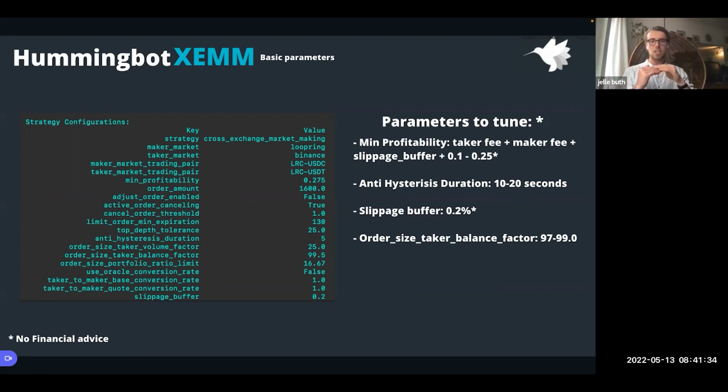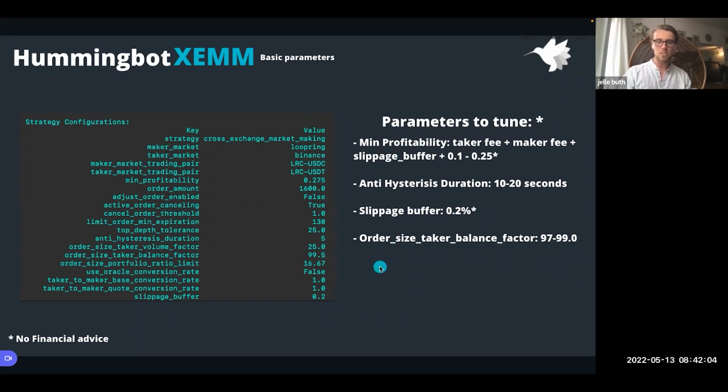So that basically means that it will act as a taker order, like you're just buying for whatever the available price is. That also means that as you're increasing this parameter, you could trade at a higher loss, because it allows you to buy or sell an asset at a less beneficial price. And then lastly, I change the order size taker balance factor to between 97 and 99%.